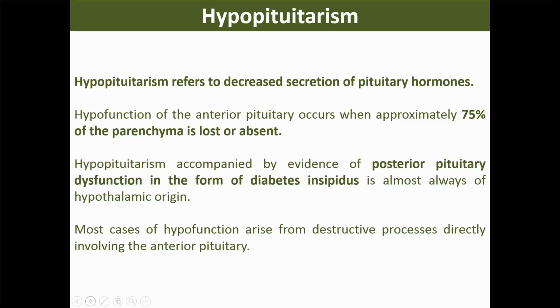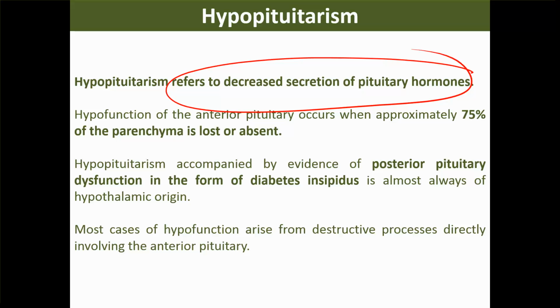Now coming to hypopituitarism. Hypopituitarism refers to, you all know, decreased secretion of pituitary hormones. Remember, I am going to give a criterion here. If 75% of the parenchyma is lost or absent, then the hypofunction symptoms can be detected.